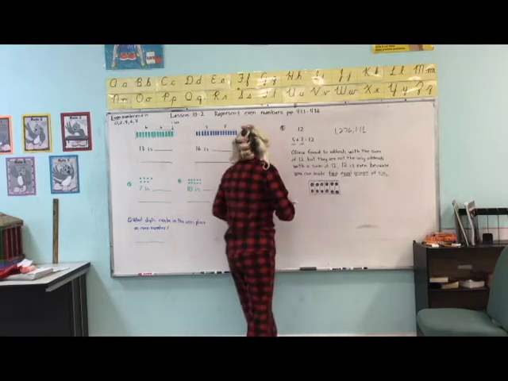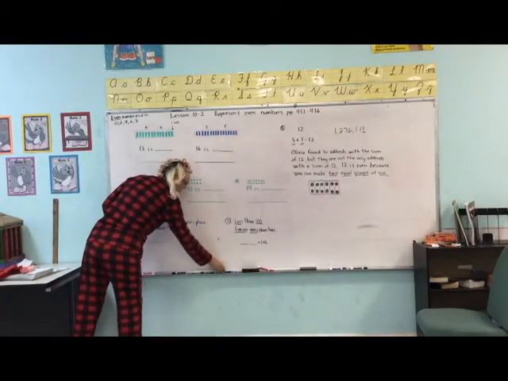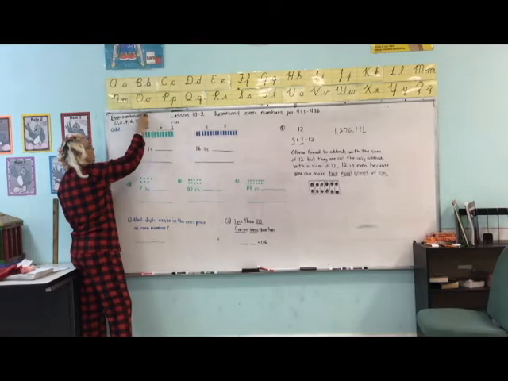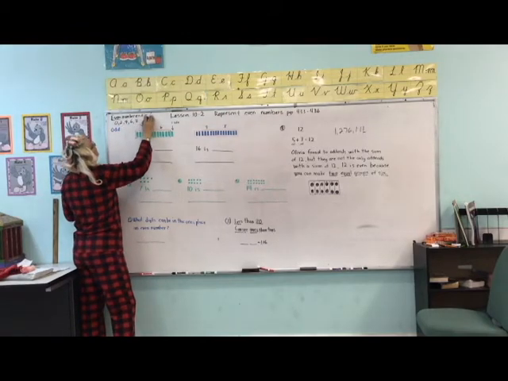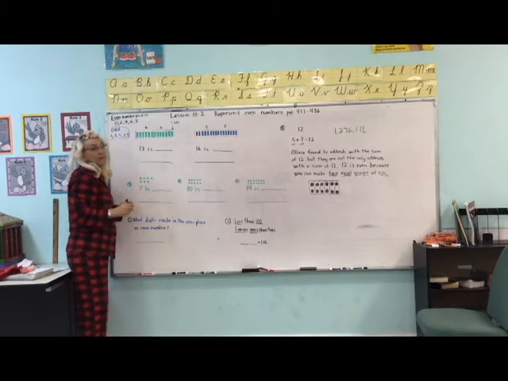And let me put another one up here for the odd. If the number on the end is 1, 3, 5, 7, or 9, then it's odd.